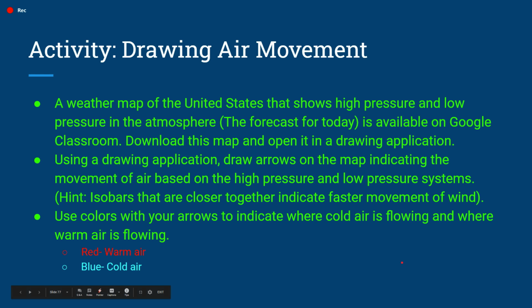So I want you to draw colored arrows: red arrows representing warm air flowing between pressure systems, and blue representing cold air flowing between pressure systems. And if you're not entirely sure, just draw an arrow in regular black ink and that will be okay too. But I want you to try and draw red for warm air and blue for cold air.